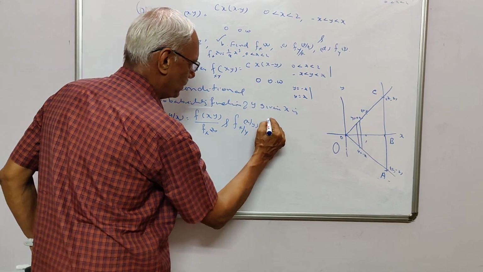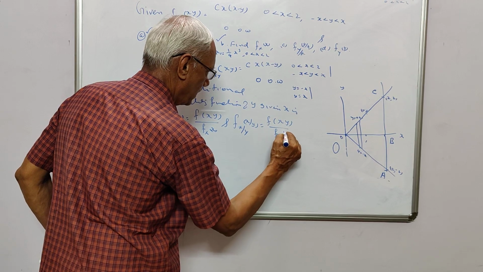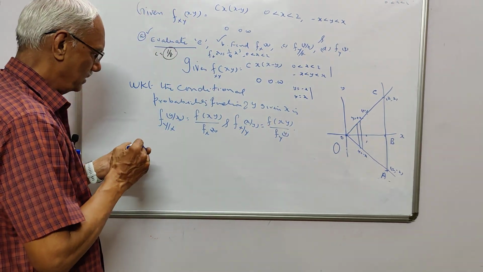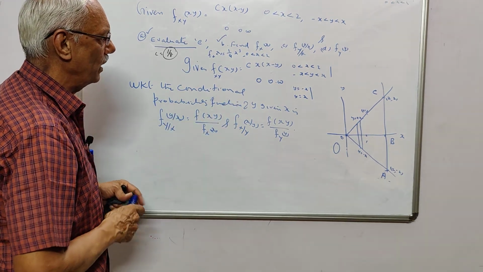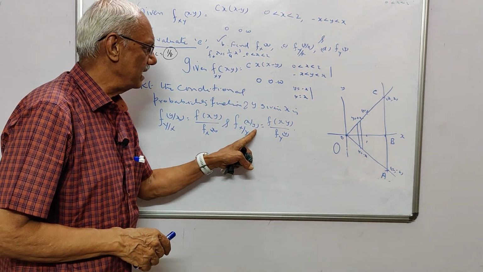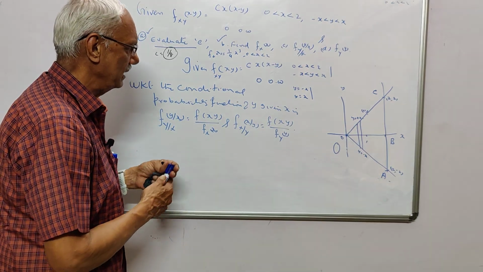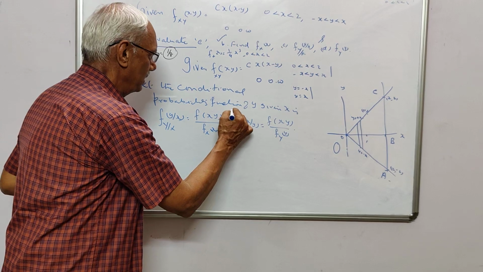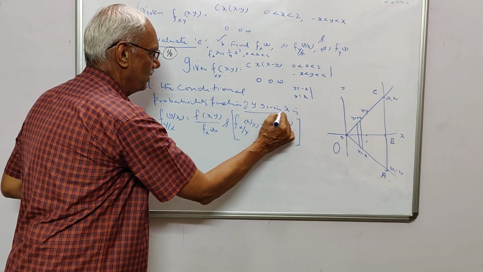So these two things you must know. These are called conditional probability of y given x, and this is the conditional probability of x given y. So I will put this in a bracket. This is what we wanted.